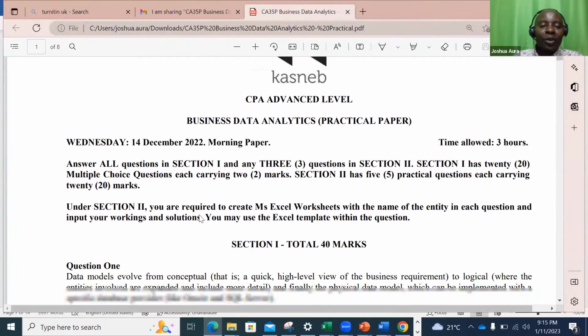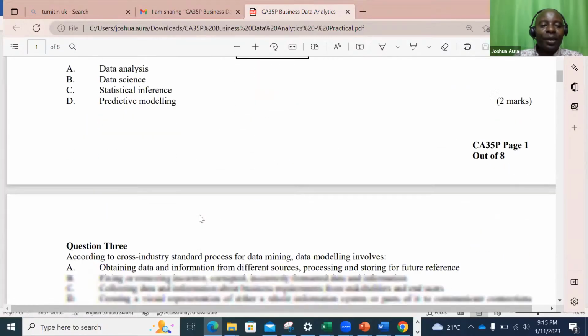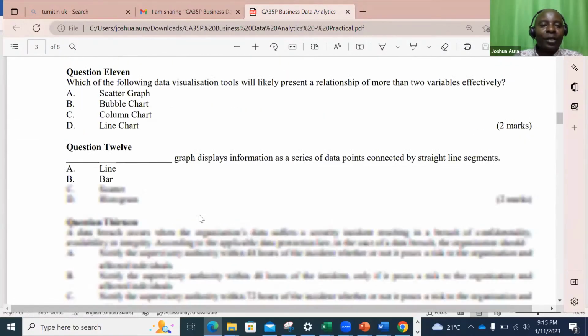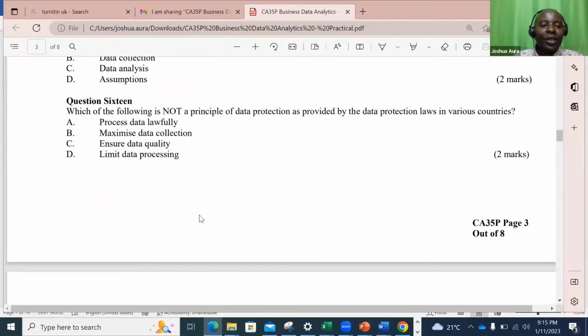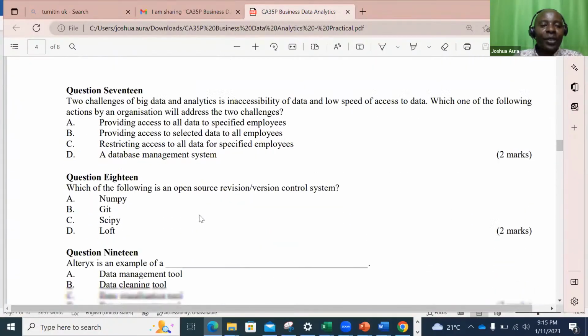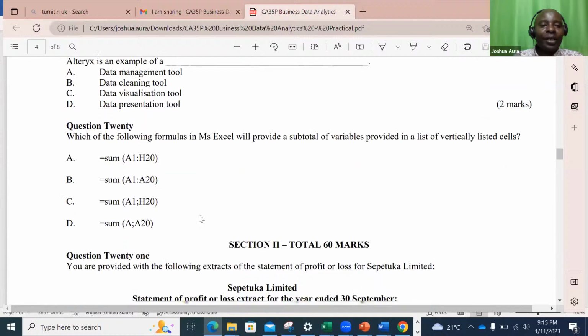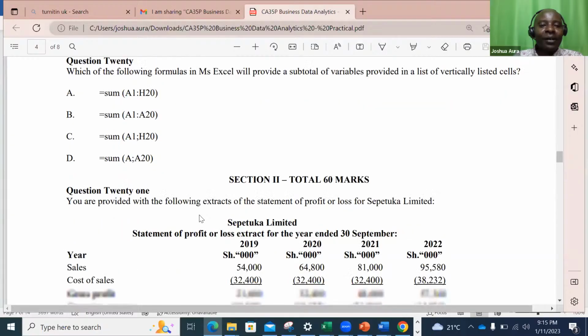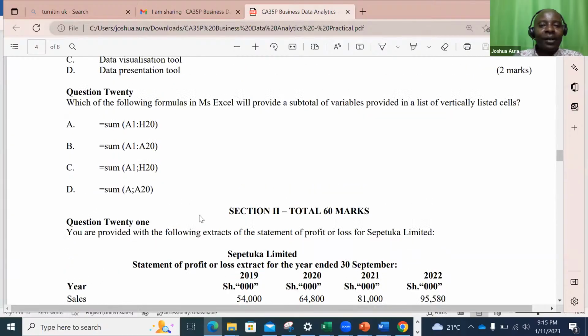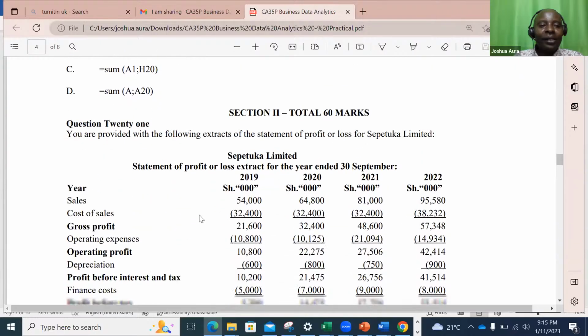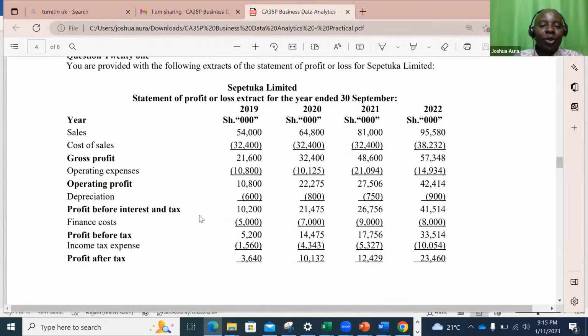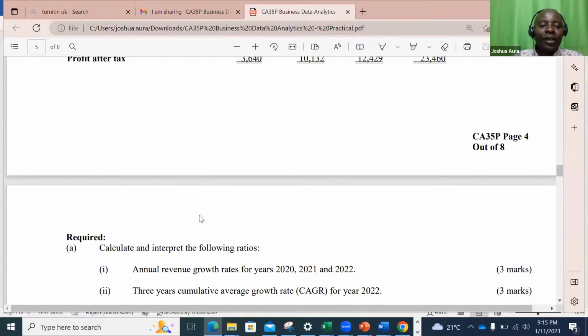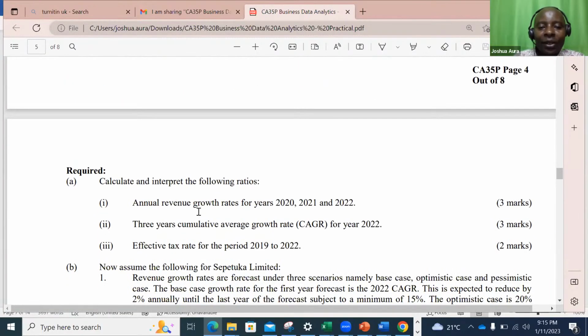We have the theory section, which has got 20. And then we have section 2 here, like here, calculate annual gross revenues, etc.